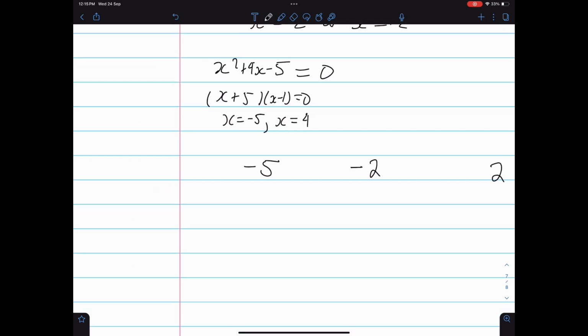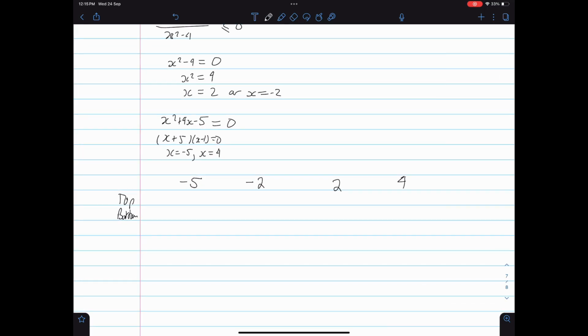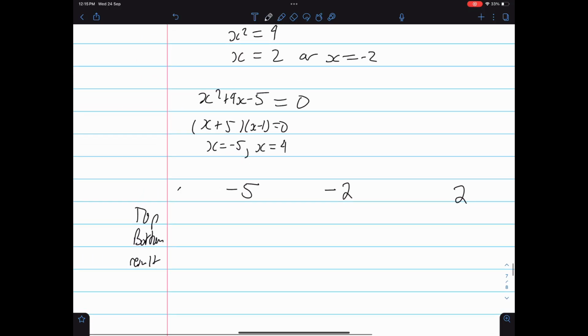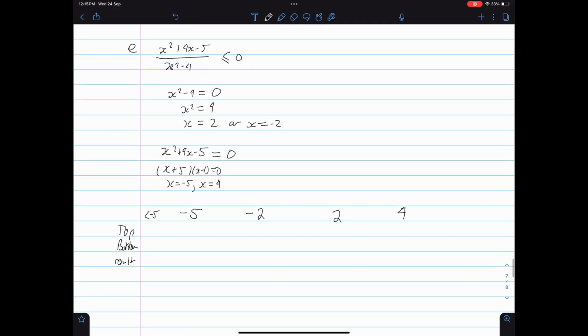Okay, when it is less than negative 5, I might even write a bit of a chart. On top, when we have less than negative 5, that quadratic will be positive.